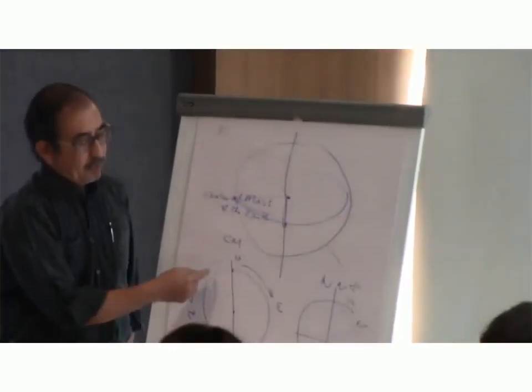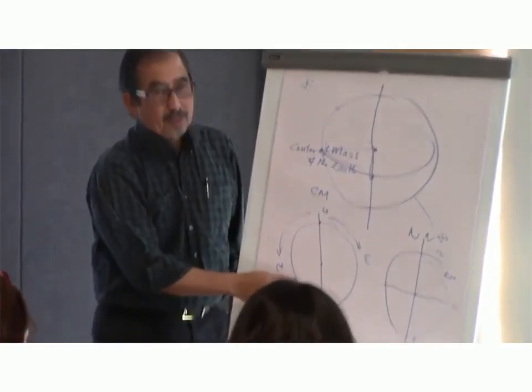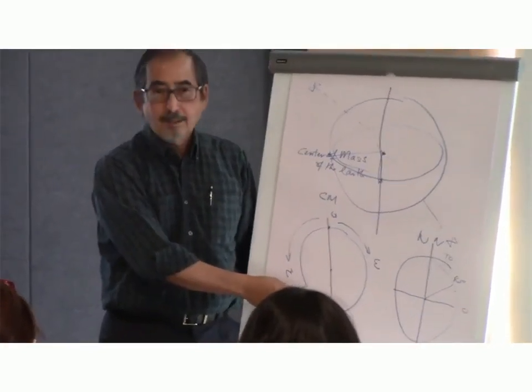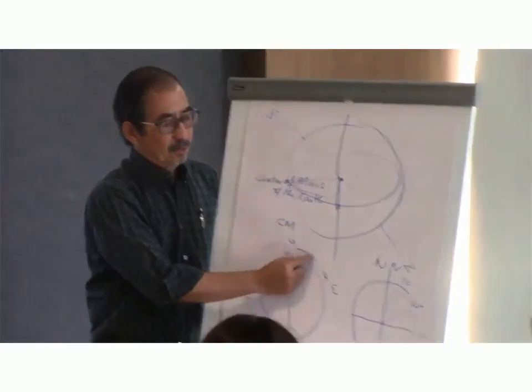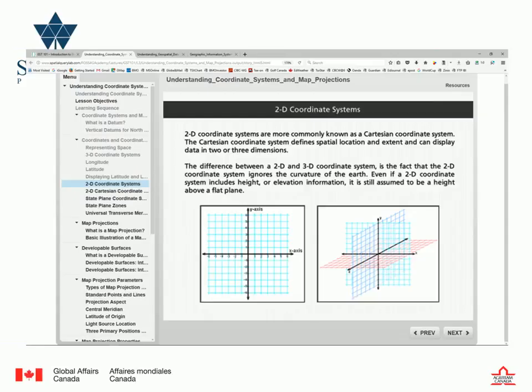Generally, by convention, Mongolia is over here, so you're about 90-something degrees east. In Canada, we're minus. You display the longitude and latitude in degrees, minutes, and seconds, or decimal degrees.